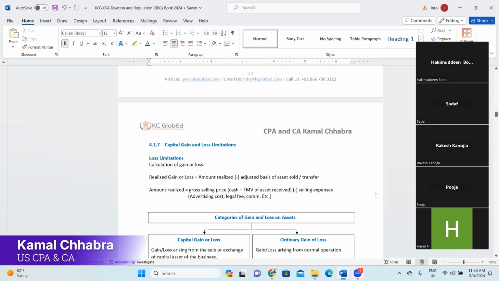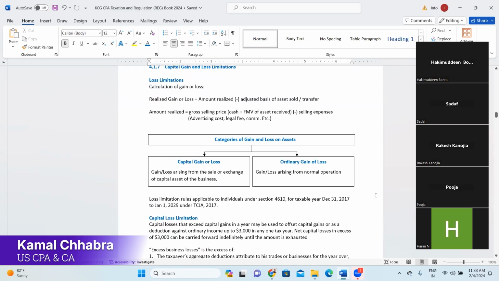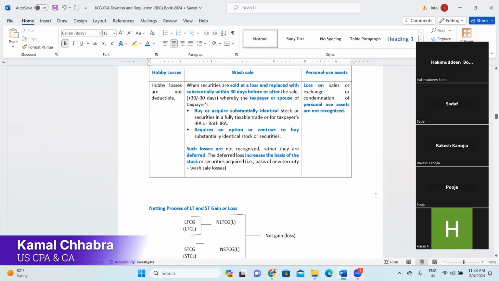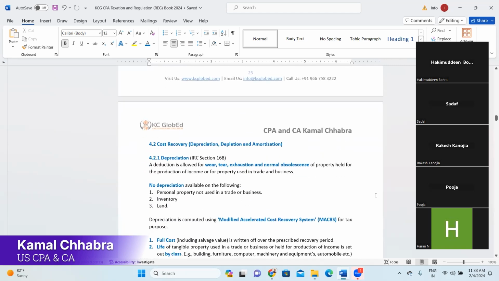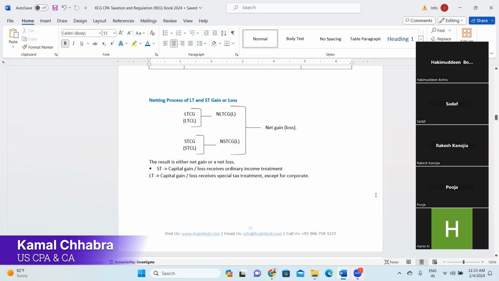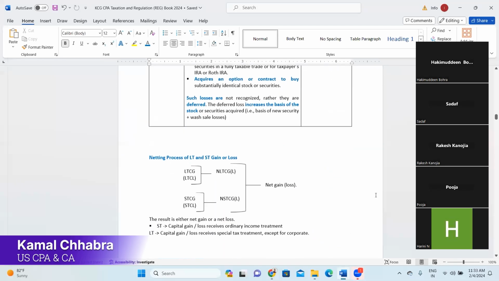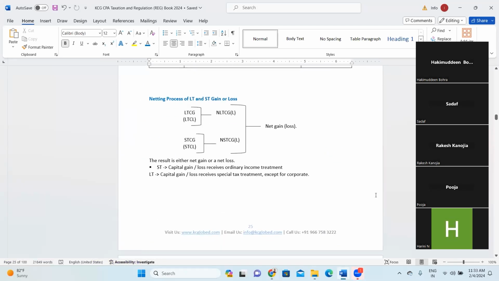We have only till 4.1.6. Okay, I'll send you. Maybe it was my mistake, no worries. I'll send you this. Okay, thanks. Sorry, my bad. But conceptually, you are all comfortable? I'll send you the updated notes. Don't worry. But conceptually, everyone understood?